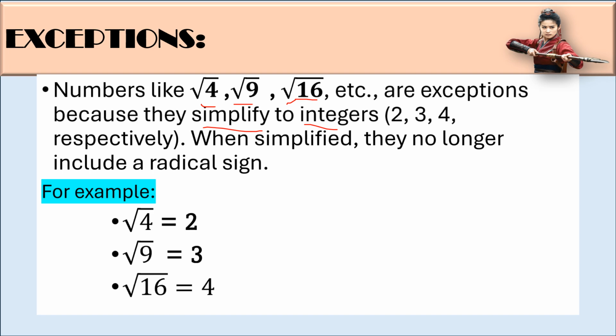The square root of 4 is 2, the square root of 9 is 3, the square root of 16 is 4. This does not violate the rule about radicals in the context of a rational algebraic expression. These specific values are exceptions because they are perfect squares that simplify to integers, which are polynomials of degree 0. Okay?